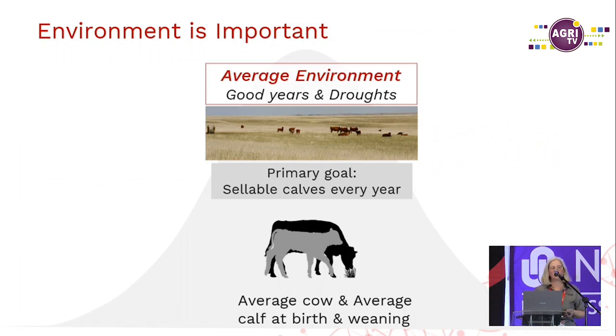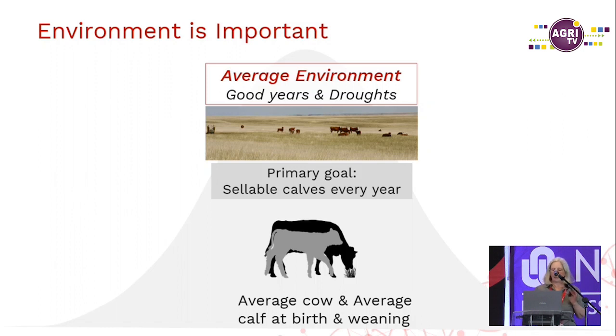So environment is also important. If you have an average environment, which most of you have, an average South African farm, you have a mixture of good years and droughts. Some years are better than others. And your primary goal would be for each cow to produce a calf every year, which you can sell or keep or whatever. And what will do best there, based on the genetic breeding value indices, is an animal with indices between 90 and 110.